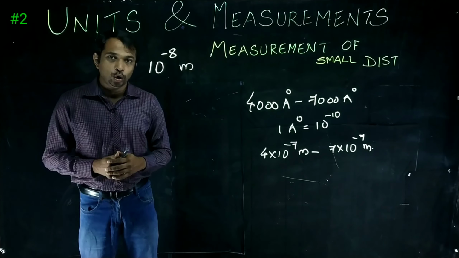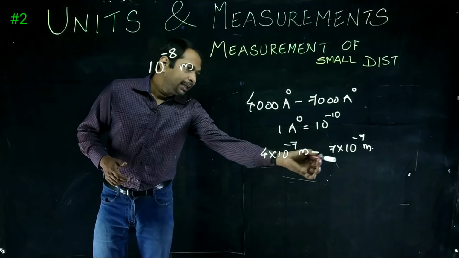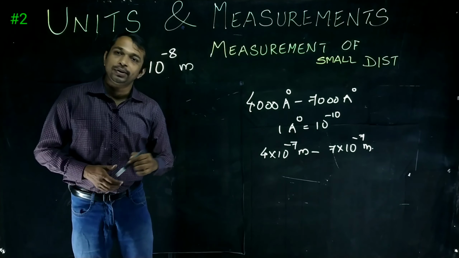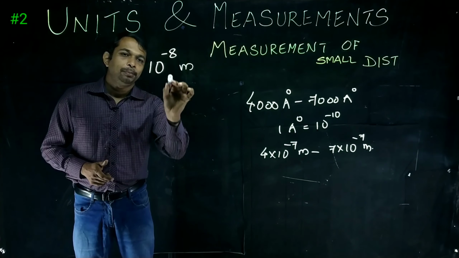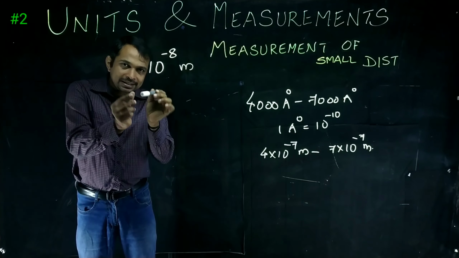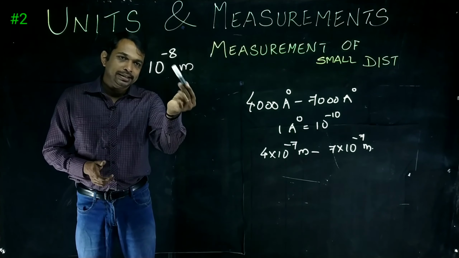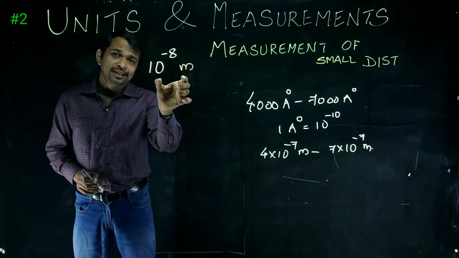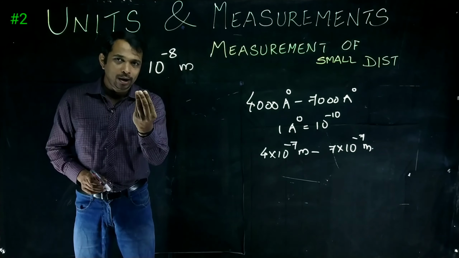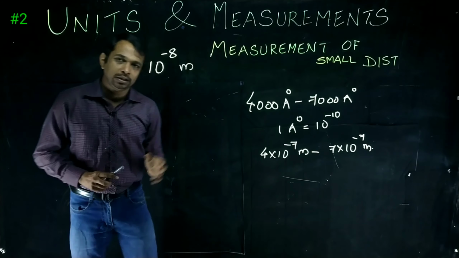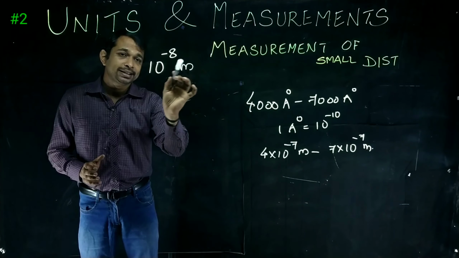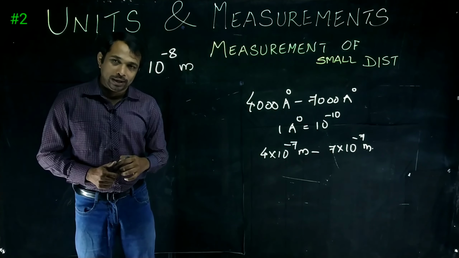My answer is no. The range of the wavelength of visible light is in the order of 10 to the power minus 7, but the size of that atom is 10 to the power minus 8, which means the size of the atom is smaller than the wavelength of this light, so light cannot scatter off it.